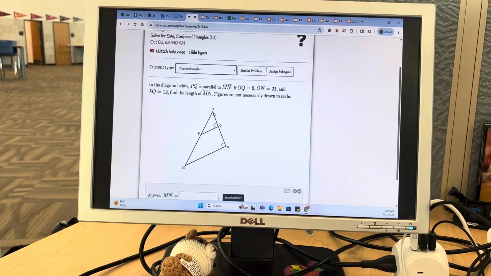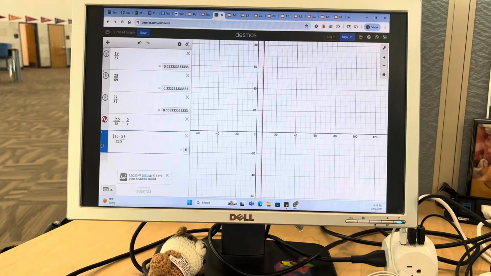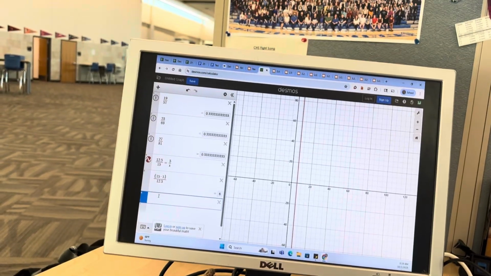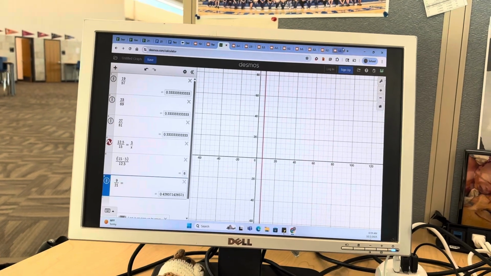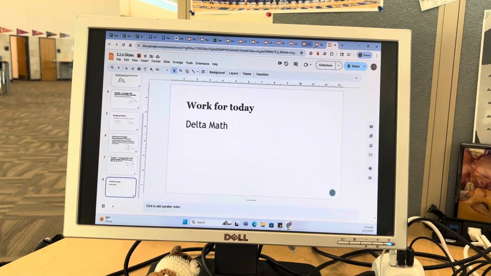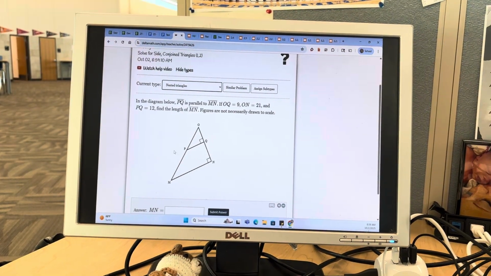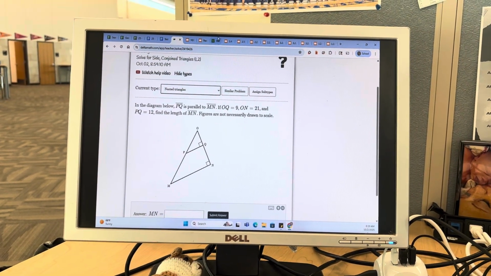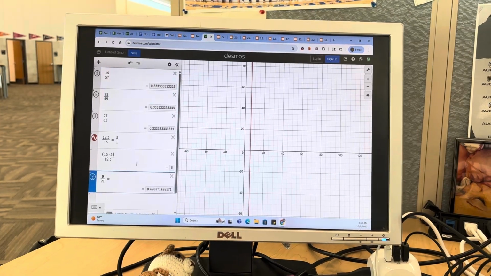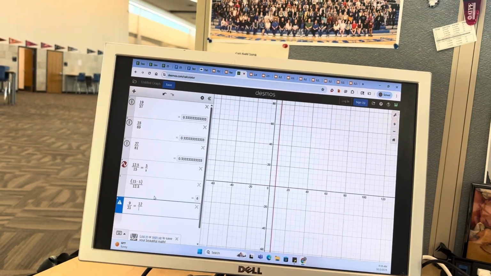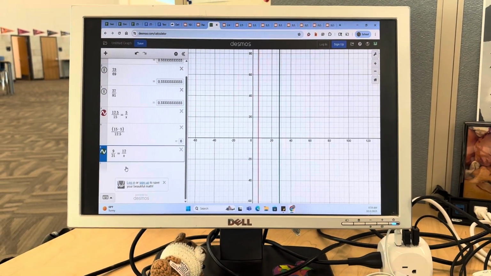OQ is 9, ON is 21, so I will actually type this one out so that I get it right. 9 is to 21 as, and then PQ is 12, so it's going to be 12 is to X. I could reduce these, but I'm not going to worry about that.